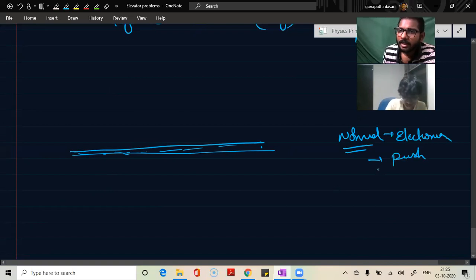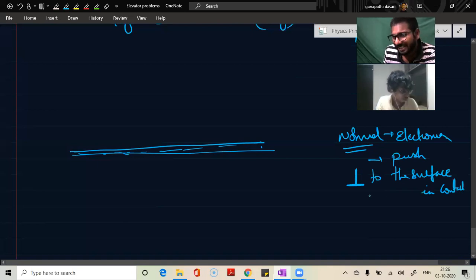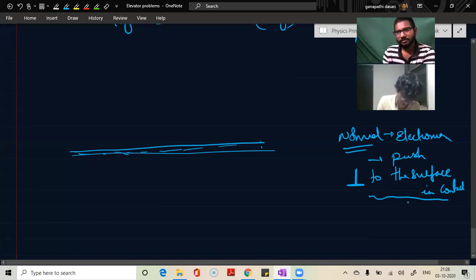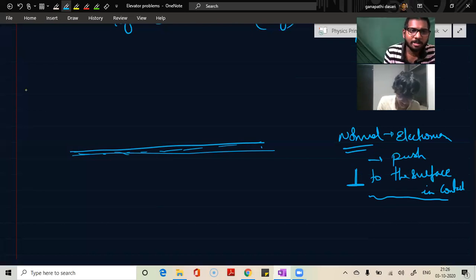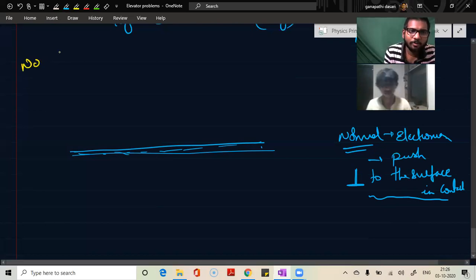It will act perpendicular to the surfaces in contact. If contact is not there, normal reaction is 0. For normal to happen, there should be contact. That is why it is also called normal contact force.